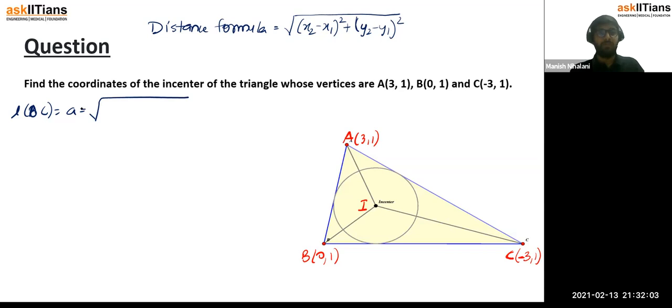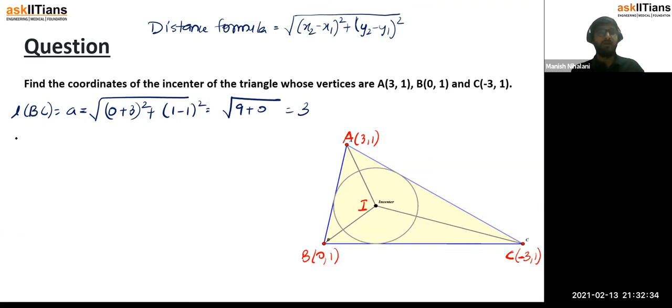So the length of BC would be x2 minus x1, that is 0 minus minus 3, which is plus 3, whole square, plus y2 minus y1, that is 1 minus 1, whole square. So here we get root of 9 plus 0, which is just 3. This is the length of BC.